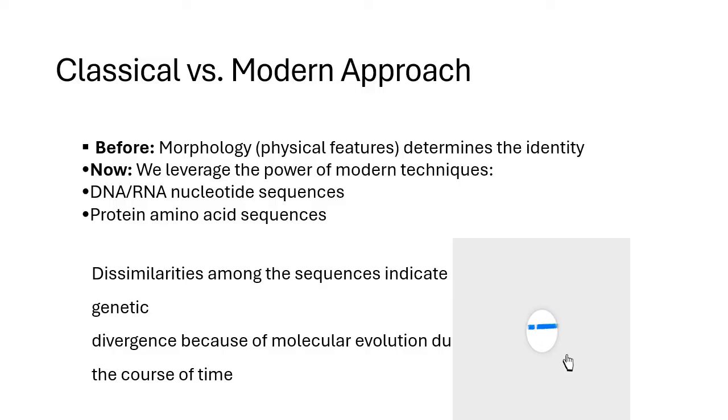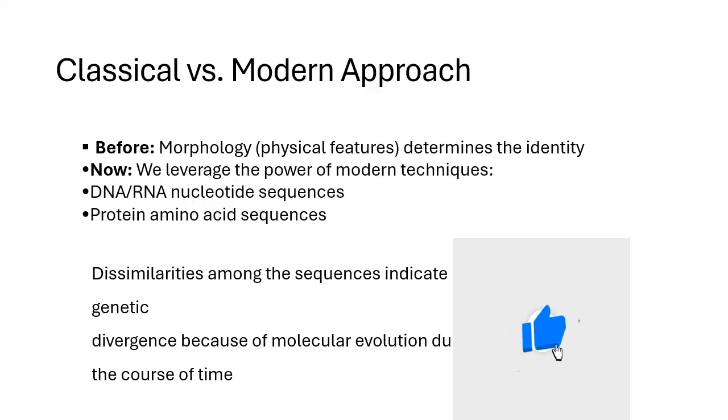If you look at the classical versus modern approach, previously the classical method used morphology features which determined the identity, but currently the modern approach leverages the power of modern techniques which use DNA and RNA sequences, also protein amino acid sequences. Using this helps us look at their similarities and classify them.